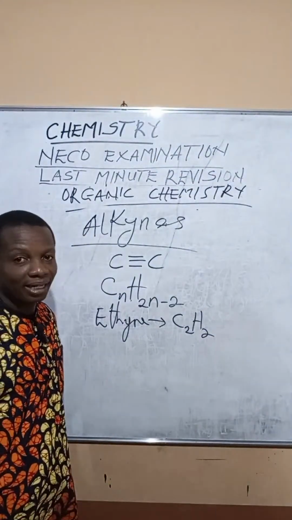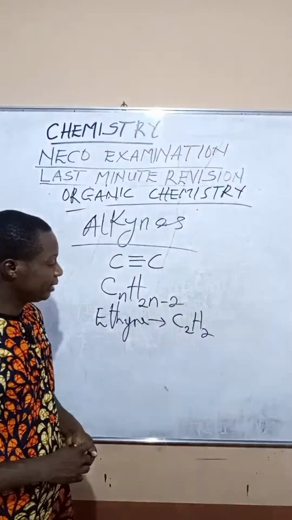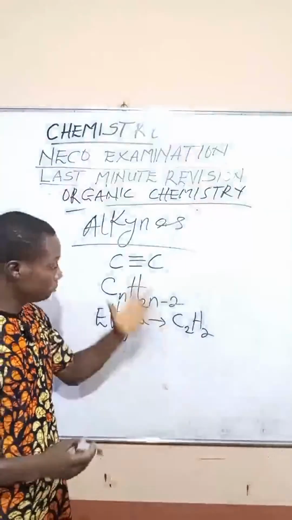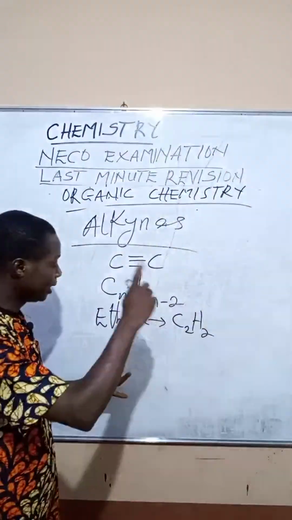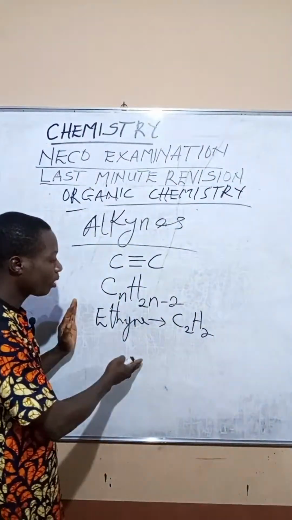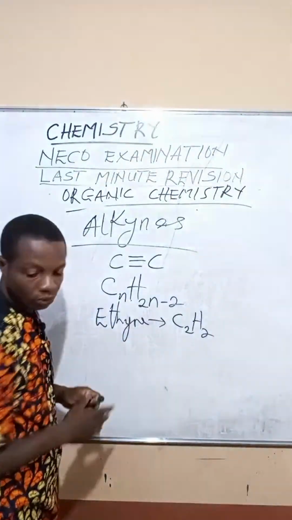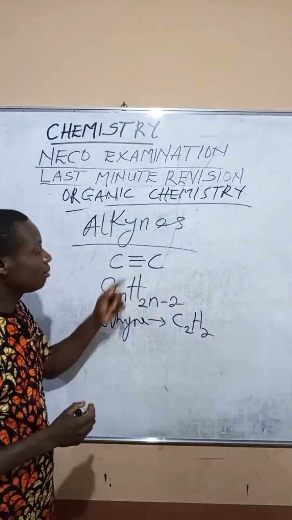That is exactly what it is. So this is ethyne. Know their method of preparations, know their general reactions, know every other thing that concerns them. Remember, they also decolorize bromine water because they are unsaturated. They have carbon to carbon triple bond.